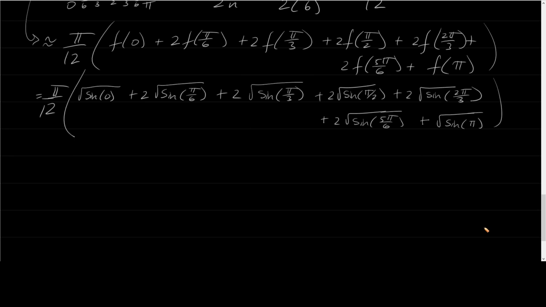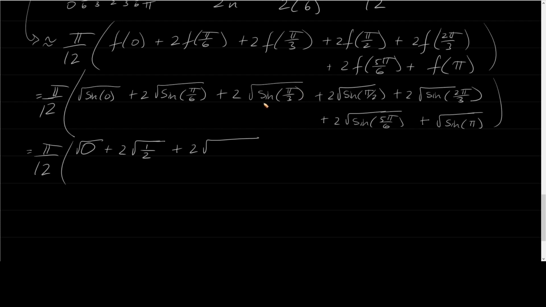And in there, well, what we're going to say now is, let's evaluate this. So we have that pi over 12 still on the outside times the square root of sine of 0, which is the square root of 0, plus 2 times the square root of sine of pi over 6. This is where the unit circle comes in really, really handy, right? So sine of pi over 6 is 1/2, plus 2 times the square root of sine of pi over 3.